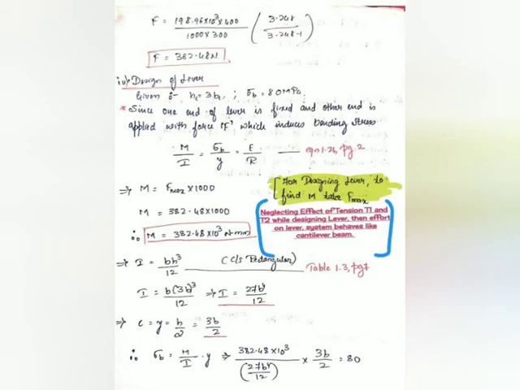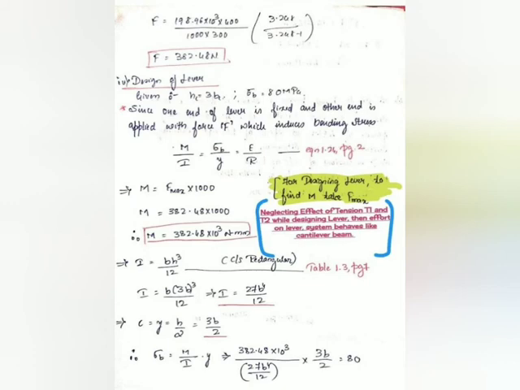Whichever F value is maximum, we consider for lever design, so that the F minimum design is automatically covered. So we consider the F max value to calculate the bending moment M: 382.48 multiplied by the length of the lever, 1000, so we got bending moment M equal to 382.48 into 10 raised to 3 Newton mm. So this is the bending moment.